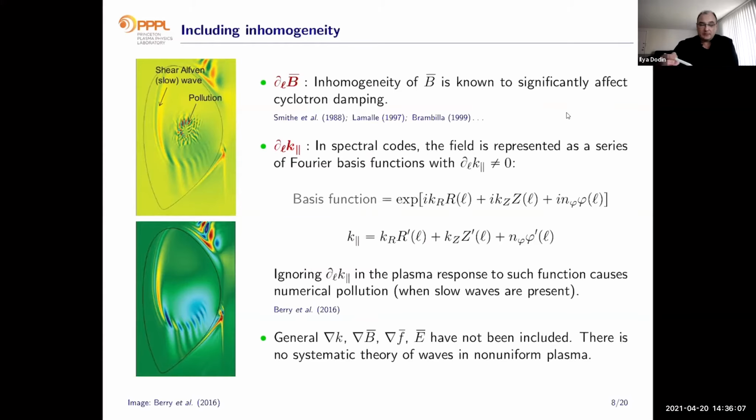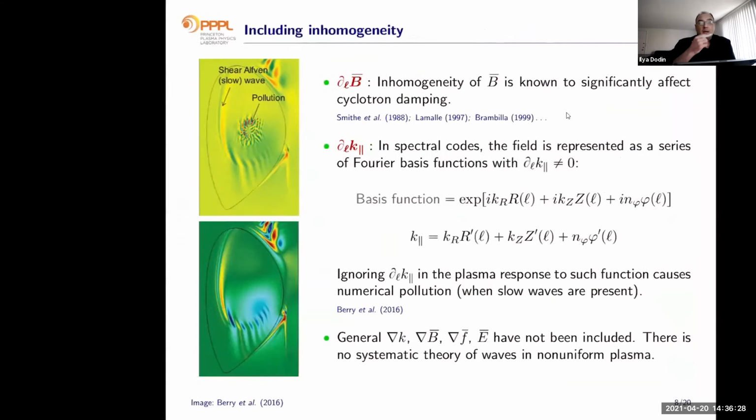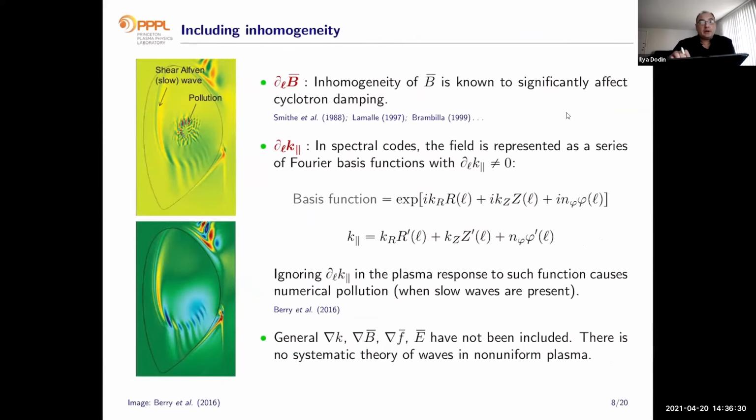You can see that people address certain special cases, but when you want to include them all, the gradient of K, the gradient of the magnetic field, the gradient of the background distribution, the density, the pressure, the electric field, it's just too complicated using these characteristics. And that's where operator methods and Koopman methods become convenient.